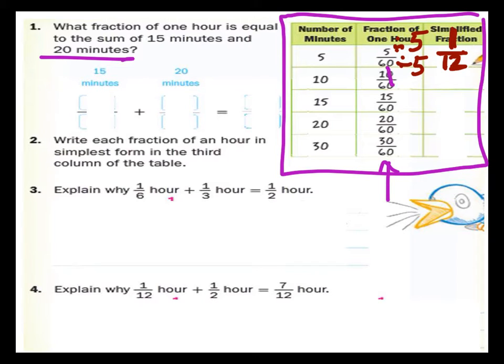Notice on this one I can just cross out those zeros and I'm left with 1/6. And then this third one. Some of you are saying I would divide this by 5. Others are saying 3. Let's combine the two and divide it by 15. This would give me 1/4.